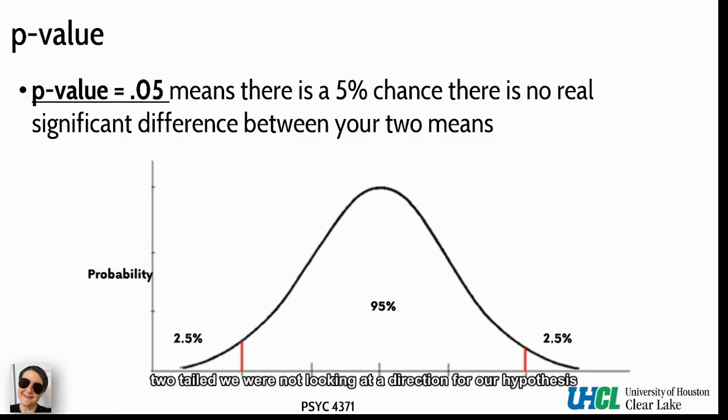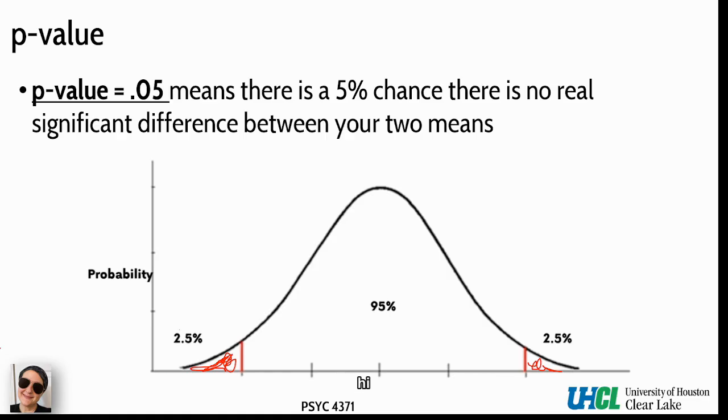We were not looking at a direction for our hypothesis. So we could say the mean was either significantly greater than or significantly less than. And now there are corresponding t-values that are going to mark these critical regions. And by critical regions, I'm referring to the area under the curve right here and the area under the curve right there. Okay?